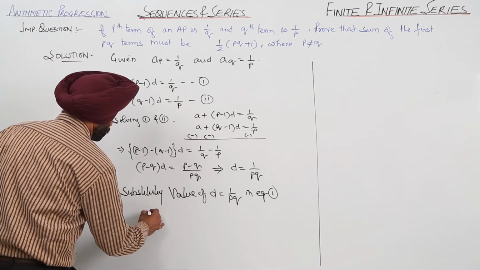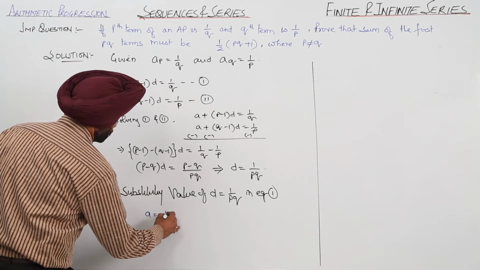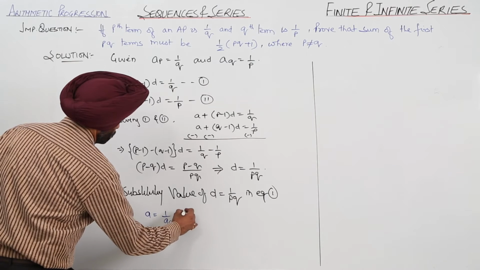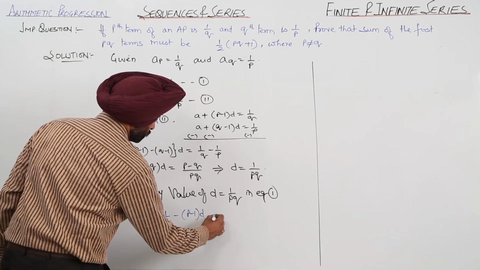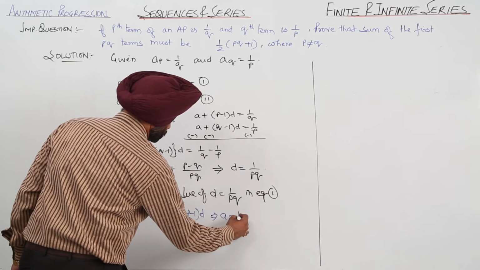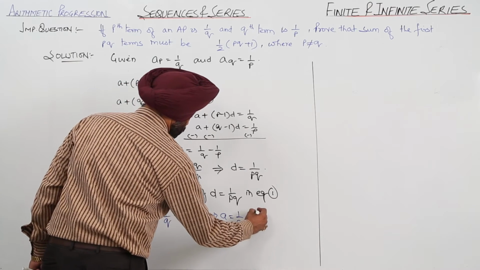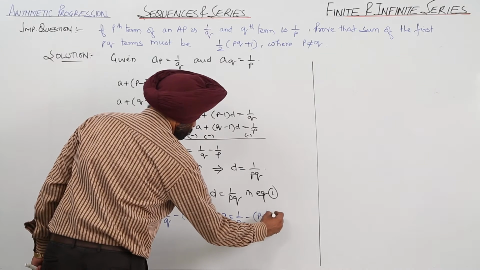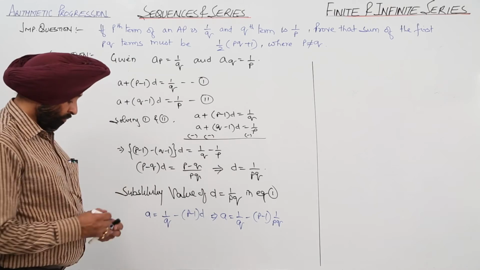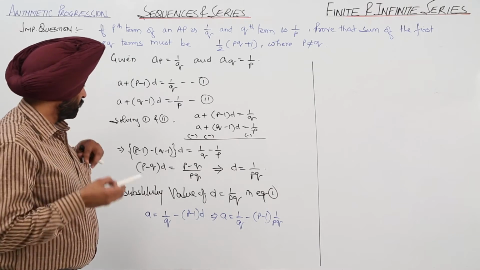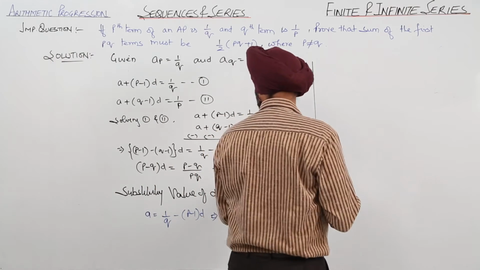So, what we are having now? a is equal to 1 upon q minus (p minus 1) times d. Now, this becomes a is equal to 1 upon q minus (p minus 1) times 1 upon pq. Okay. Now, on solving, what will we be getting?